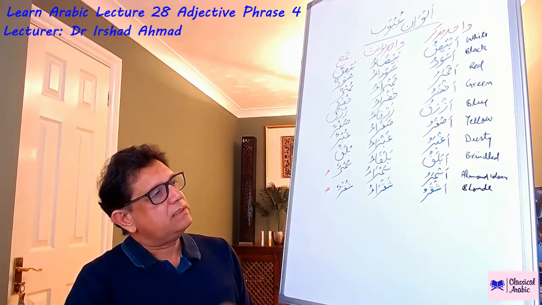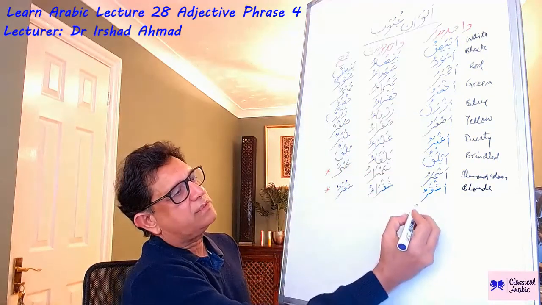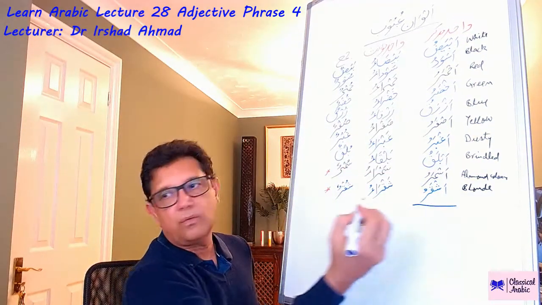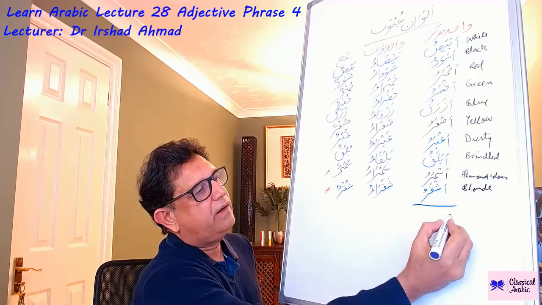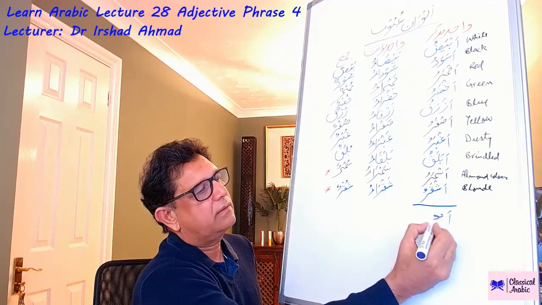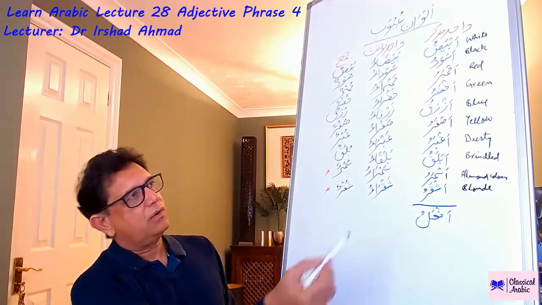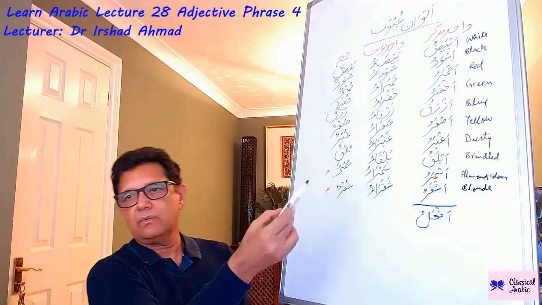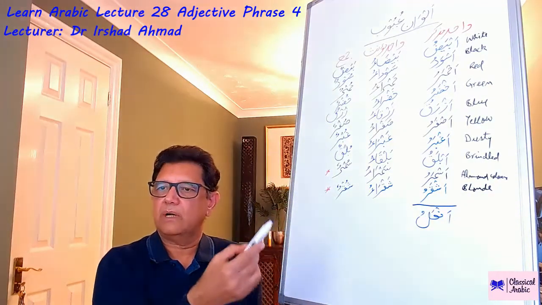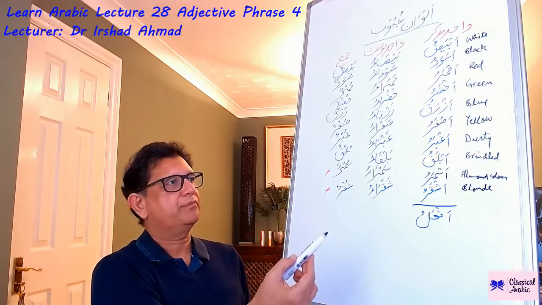So this wahid muzakkar goes with the pattern of af'alu. They're all af'alu: abyadu, aswadu, ahmaru, akhdaru, asfaru, azraku.